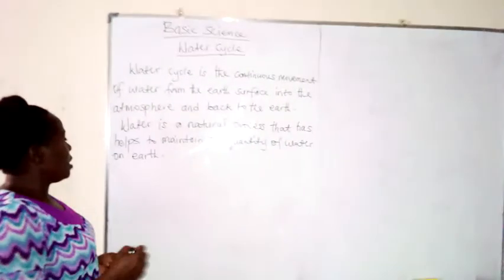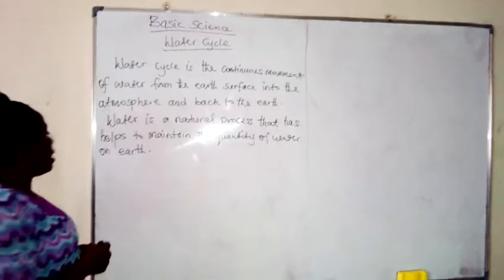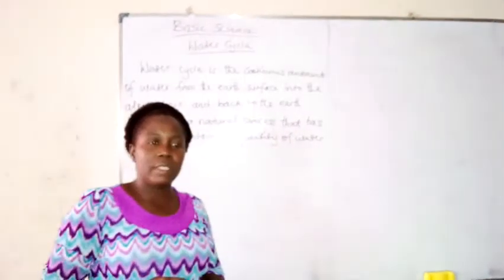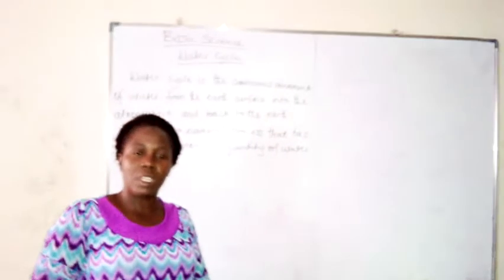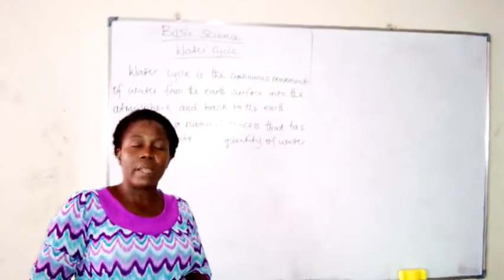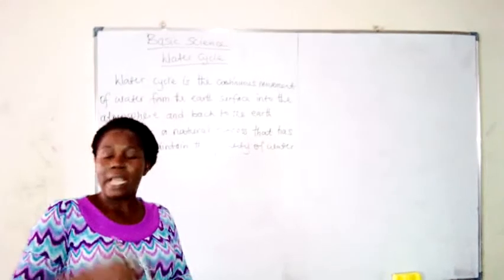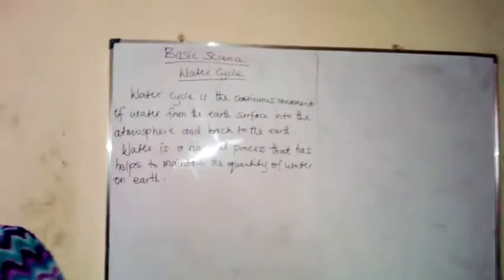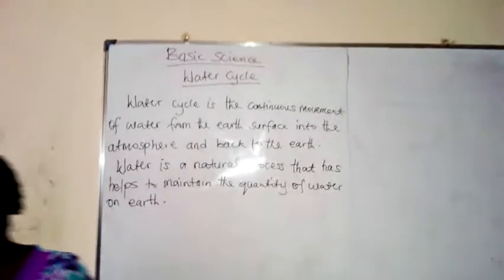Alright, what are the processes involved in the water cycle? The processes involved in the water cycle are evaporation, condensation, and what is called precipitation. That is water droplets coming back to us after it has gone into the atmosphere. So those are the processes in the water cycle I have mentioned.